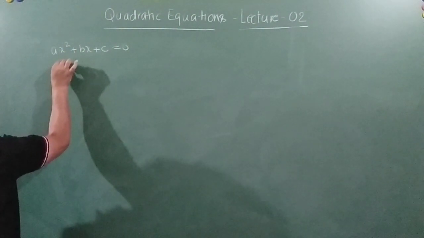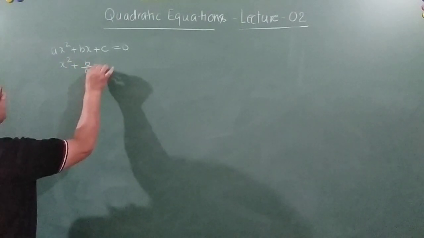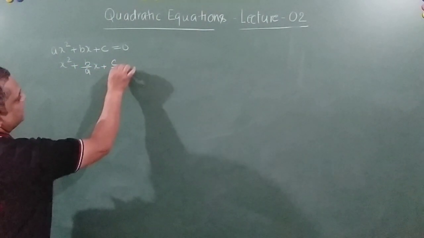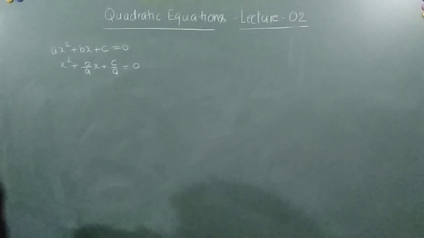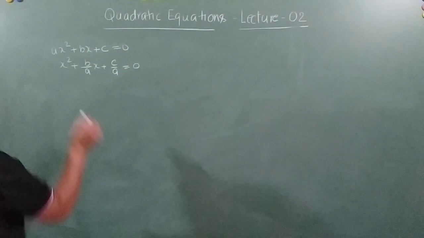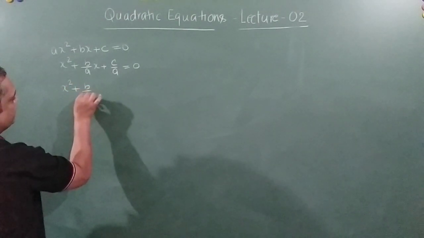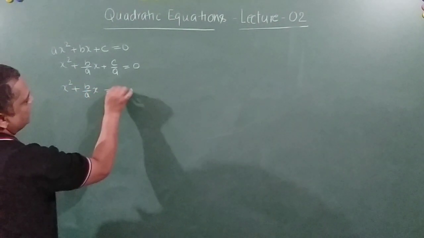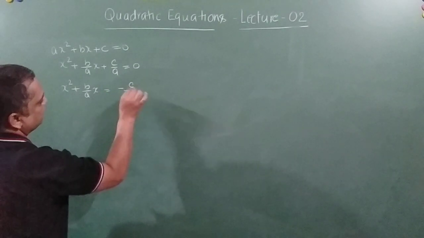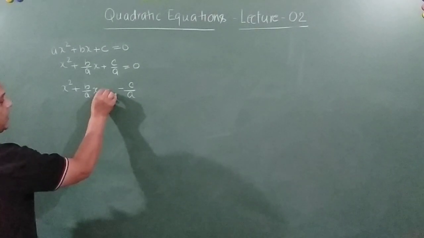So this becomes x square plus b by a x plus c by a is equal to 0. You all are there with me on this? Yeah. So we will try to solve it here, friends. So x square plus b by a x is equal to minus c by a. I have taken it on the other side of the equation, right?